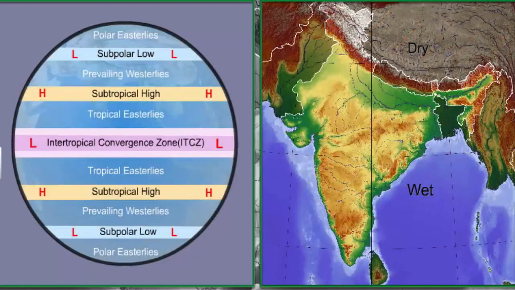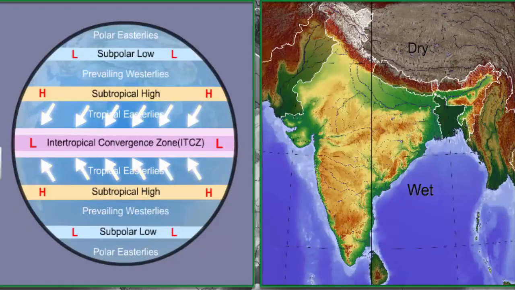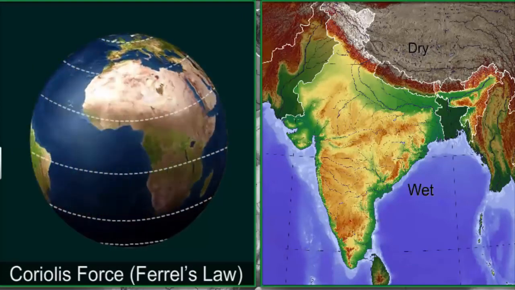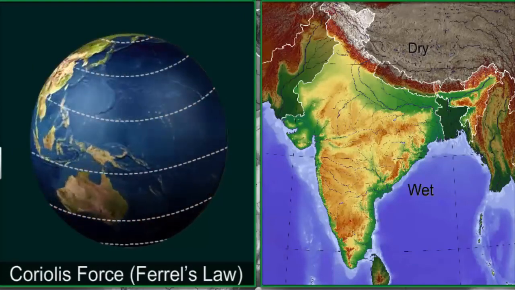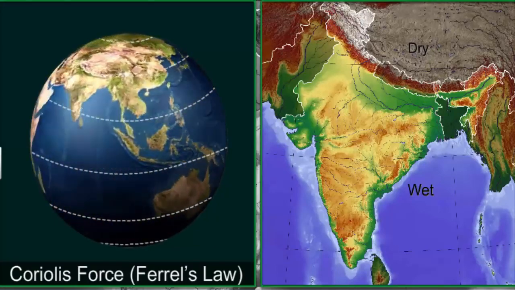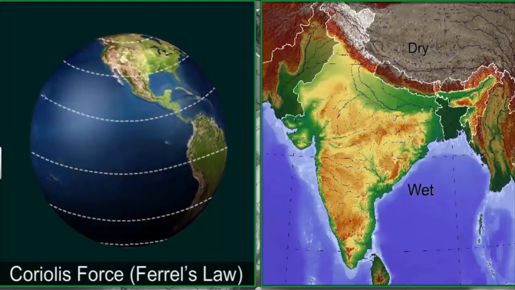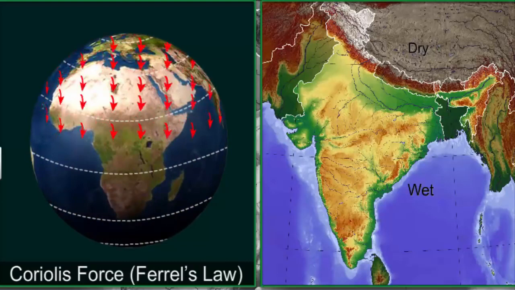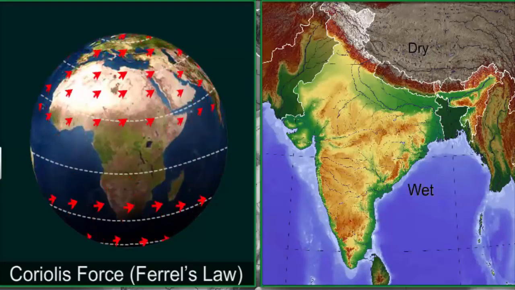Due to the Coriolis force, these winds move on towards the equatorial low-pressure area. Recall that the Coriolis force, also known as Ferrel's law, is an apparent force caused by the Earth's rotation. This force deflects winds towards the right in the northern hemisphere and towards the left in the southern hemisphere.